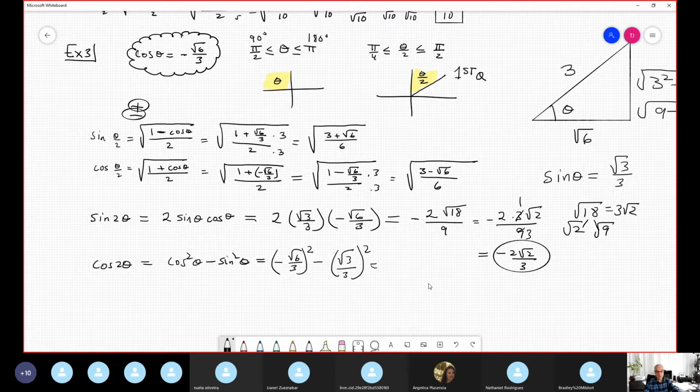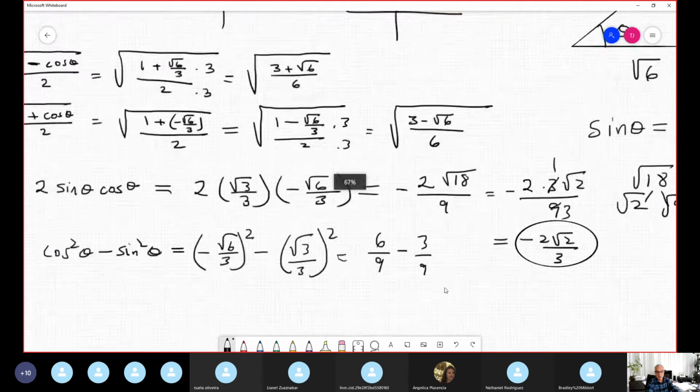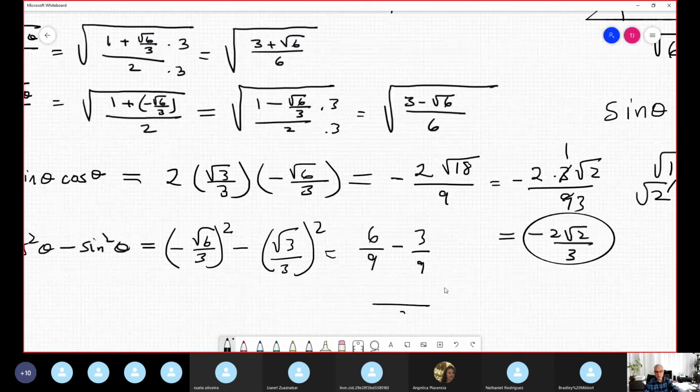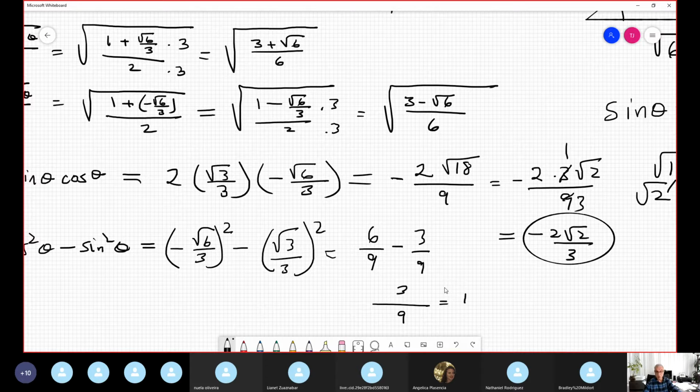This guy is positive. This is 6 over 9, minus this is 3 over 9. Okay. Entonces, 9 es el common denominator, ¿no? Es 6 minus 3 es 3. Wow, es 1/3. Wow.